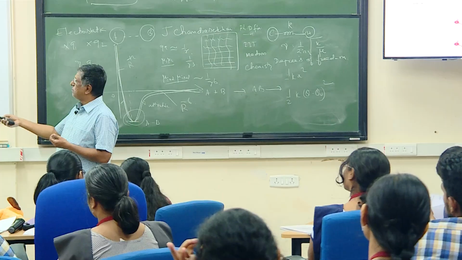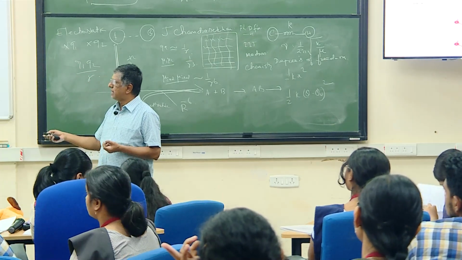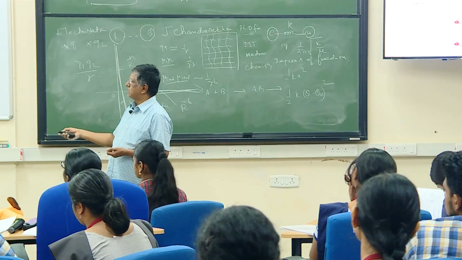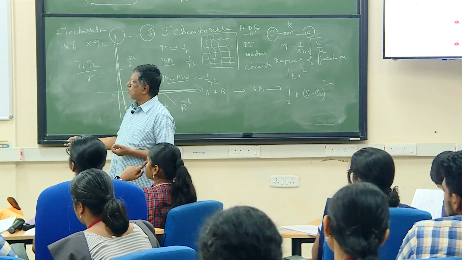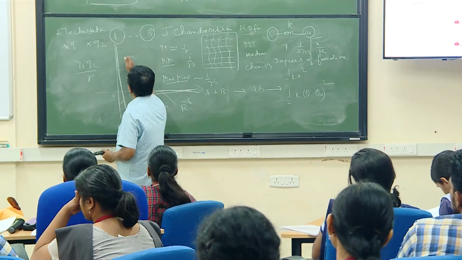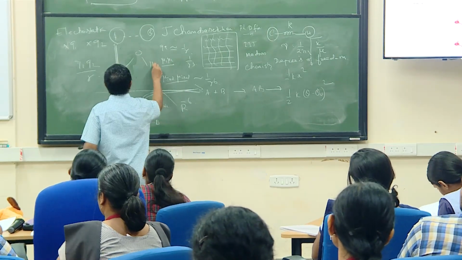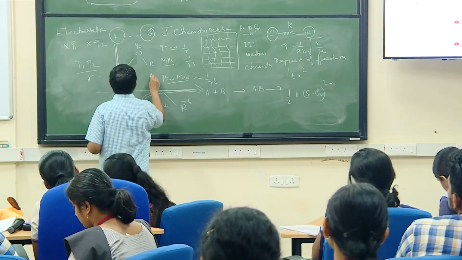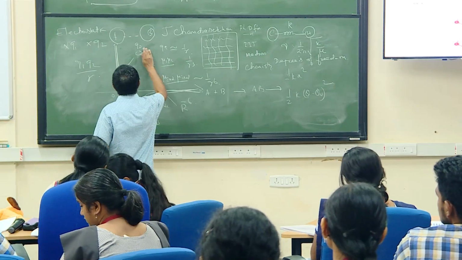It's called the TIP3P. That is, water is modeled as 3 charges. 4P means modeled as 4-point charges. 5P means it is modeled as 5-point charges. If you look at the water molecule, this will have a charge Q on oxygen, Q on H. Then you will have 2 lone pairs.